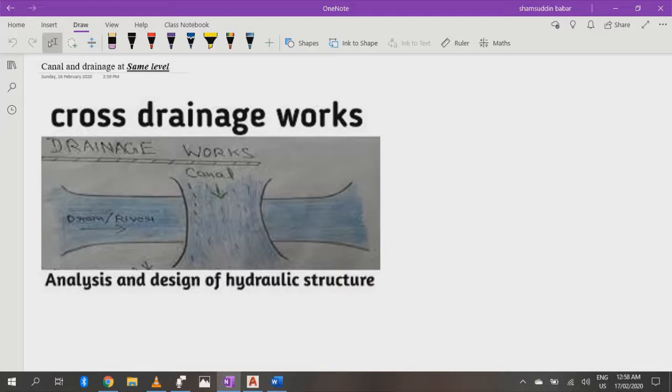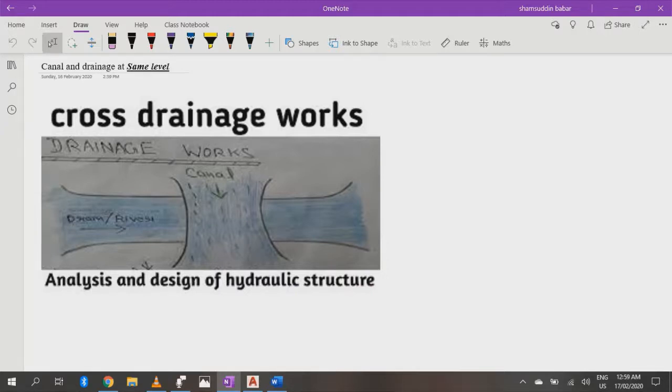When the bed level of canal and the drainage line are at the same level, the usual method to allow canal to cross drain is to mix water of canal with the water of drain and then to draw from it the canal's designed discharge from the other side of the drain. However, it is essential that the water of the drain is suitable for irrigation purpose. The works constructed to accomplish it are called level crossing.